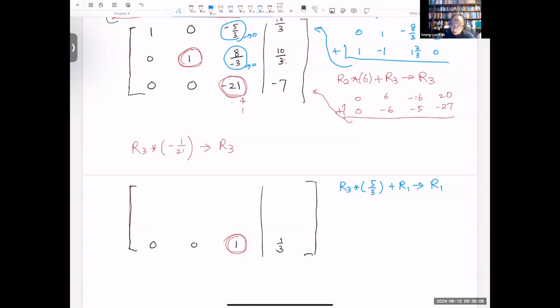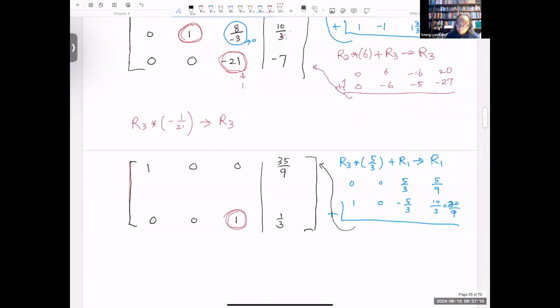R3 times 5 over 3 gives 0, 0, 5 over 3, 5 over 9. And the first row is 1, 0, negative 5 over 3, 10 over 3, which is 30 over 9. So the result is 1, 0, 0, 5 over 9 plus 30 over 9, which is 35 over 9.